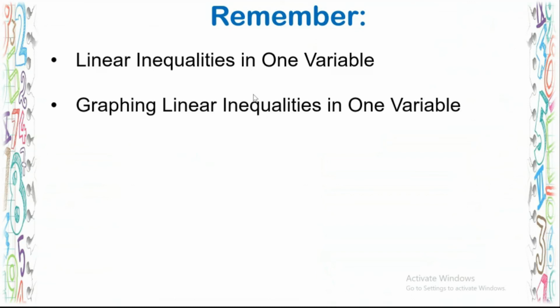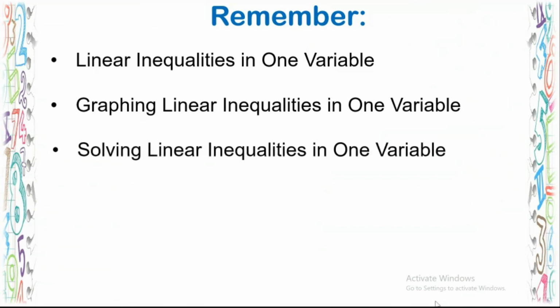To graph a linear inequality in one variable, we must use an open circle if the inequality symbol used is either greater than or less than, and a closed or shaded circle if the symbol used is greater than or equal to or less than or equal to.